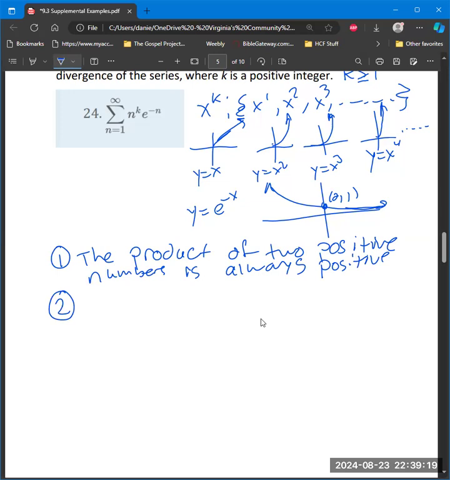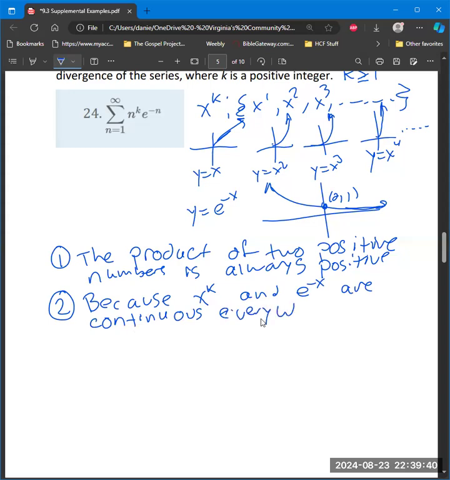And then for continuity, because x to the k and e to the negative x are continuous everywhere, their product is continuous everywhere.